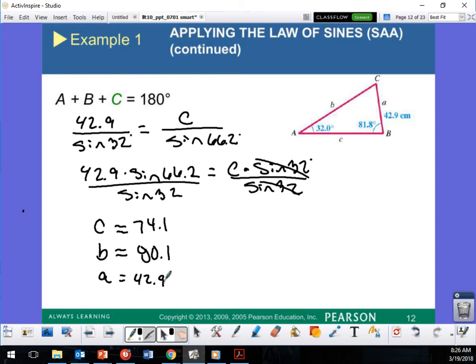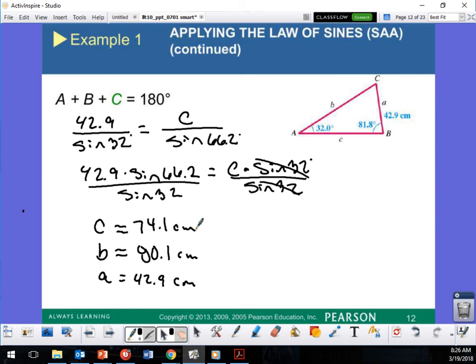Now, there's one thing I want to identify here to verify it is all correct. These are the sides. They're not the angles. Angles add up to 180, but the sides do something special. The largest side goes with the largest angle. So the largest angle here was what? 81, so that's B, right?